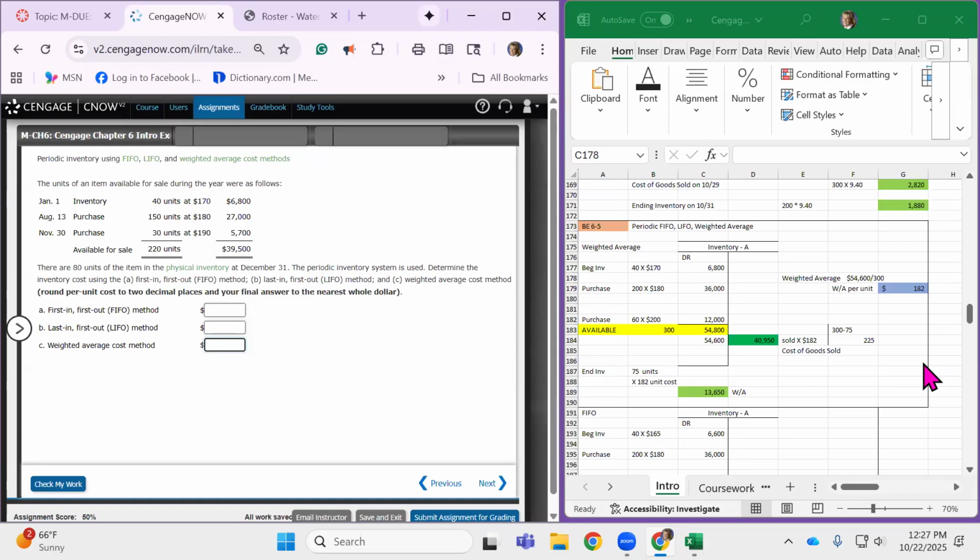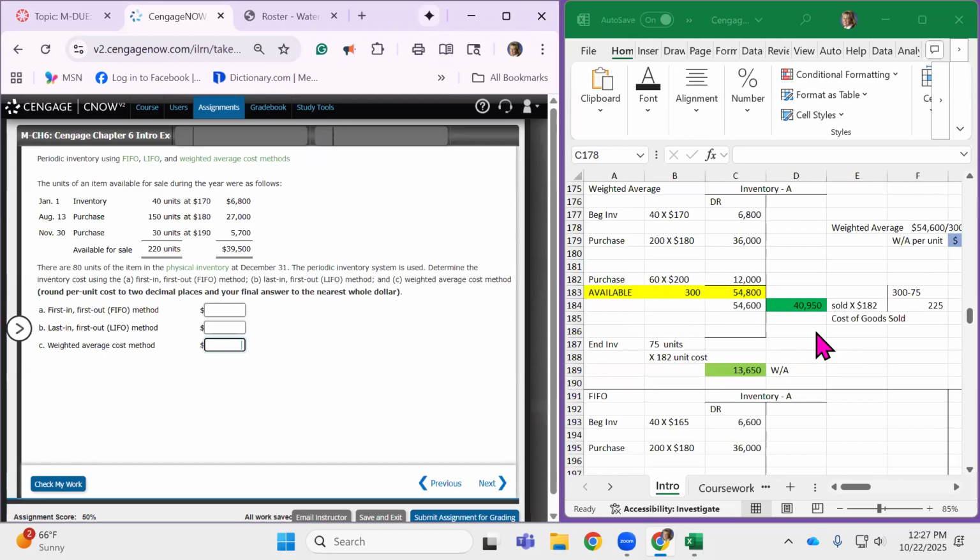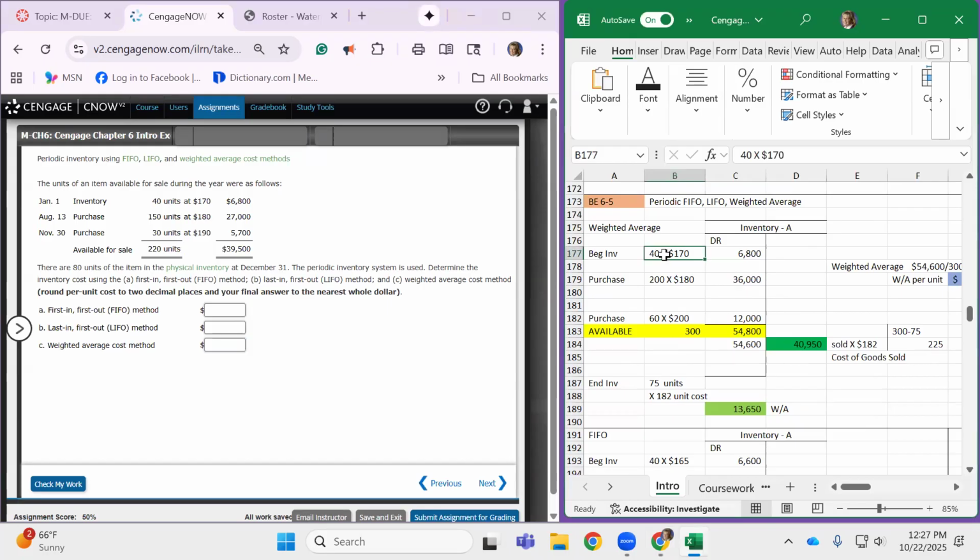Okay, let's see if we can wind our way through my little spreadsheet here. Okay, we're good here. Beginning inventory, 40 items at 170 apiece. Now we're going to purchase 150 items at a new cost of $180 each.